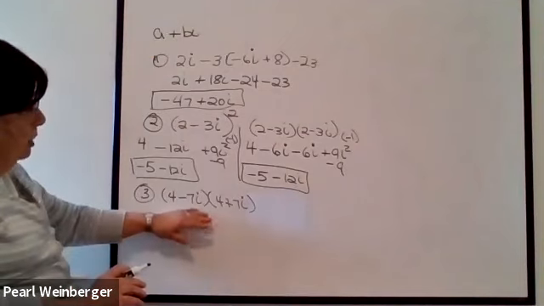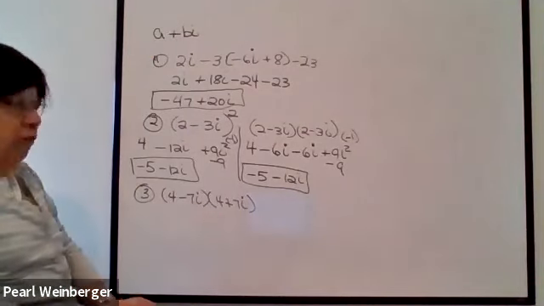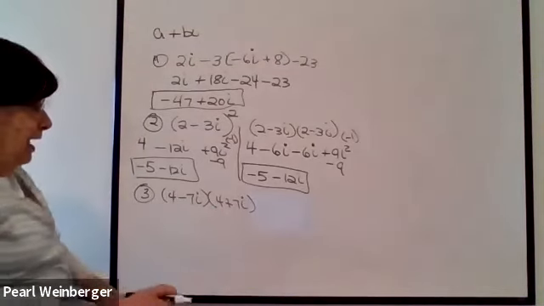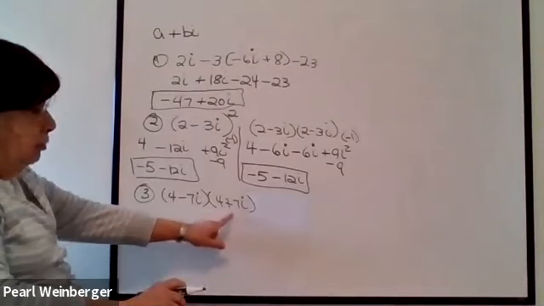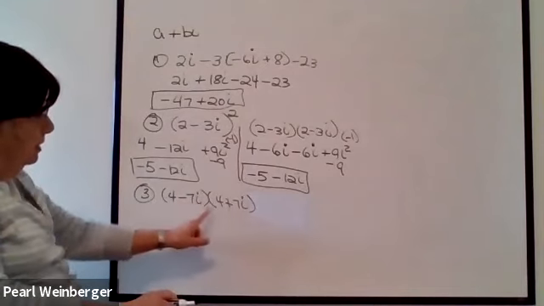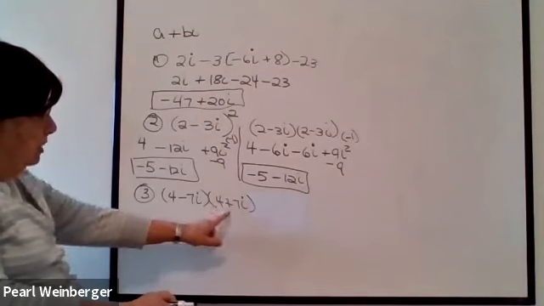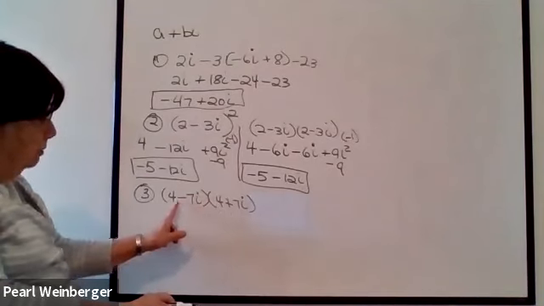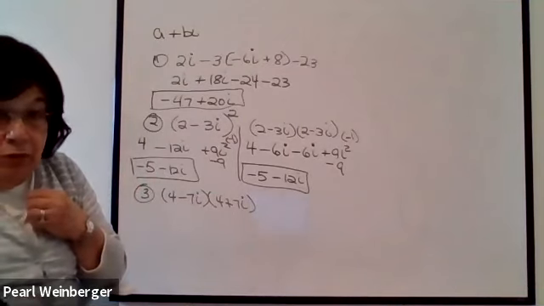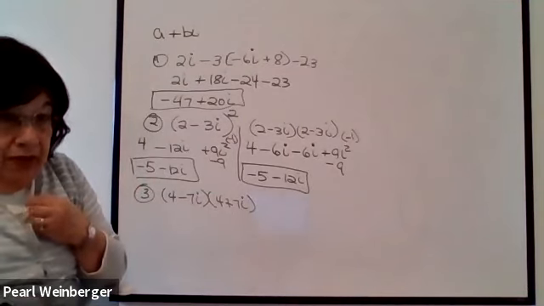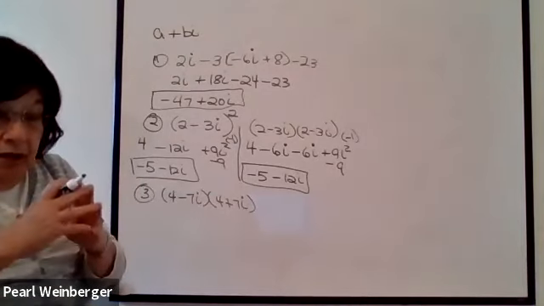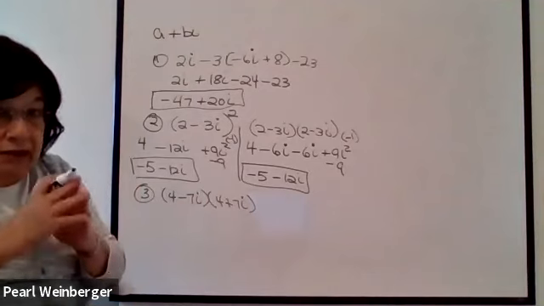Okay, let's now look at the last question. 4 minus 7i times 4 plus 7i. And I recognize these two binomials as conjugate binomials because they are the exact same binomial except one has a plus and one has a minus. And I remember when I'm multiplying conjugate binomials, I have a quick method of just doing first and last because the outer and the inner always cancel out.